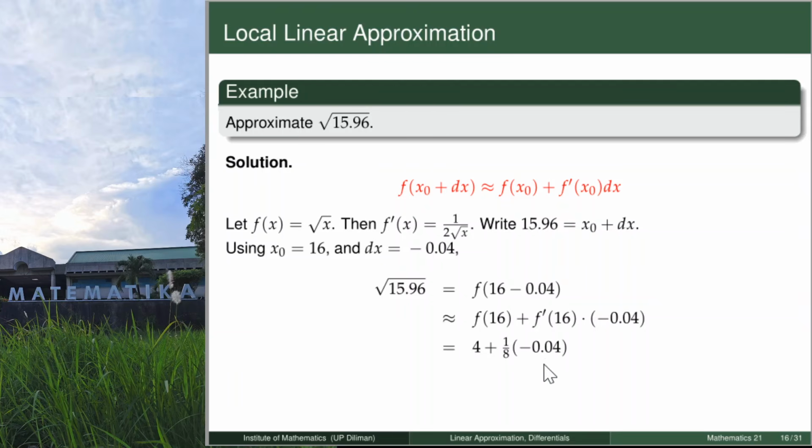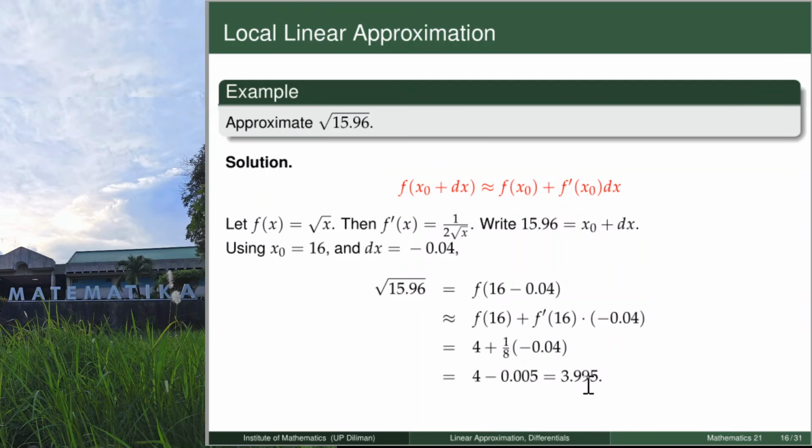And again, if you're having a hard time, what we can do here is write 0.04 as 4 over 8 times 0.01. So that's 1/2 or 0.5 times 0.01, which is 0.005. And then subtract this and you should get 3.995.